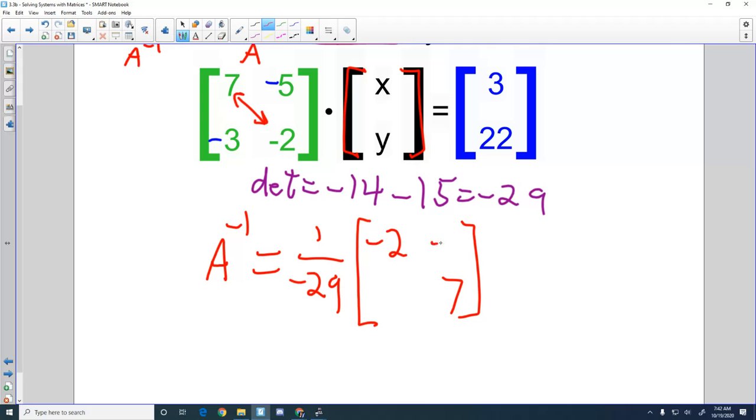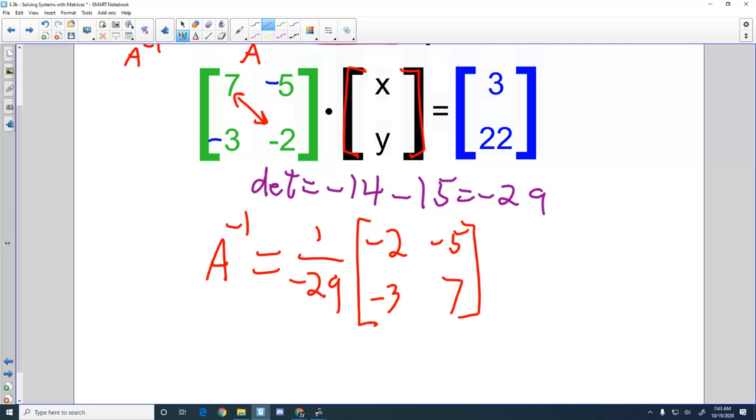So positive 5 becomes negative 5, positive 3 becomes negative 3. It's important to note that you don't actually switch the locations of those two. They stay put. You're just changing their signs. So for two elements, you flip their positions. The other two elements, you flip their signs, but you don't do both things. You don't flip a number's position and flip that number's sign. So that's the inverse matrix.